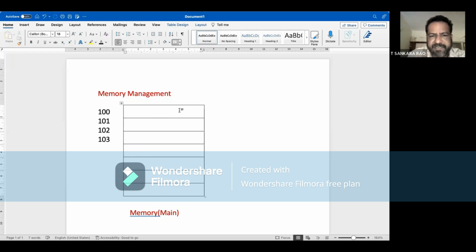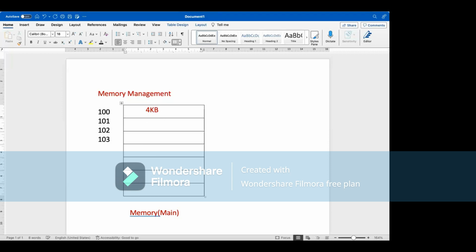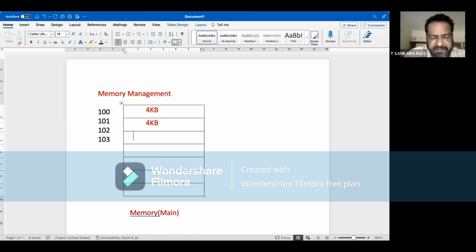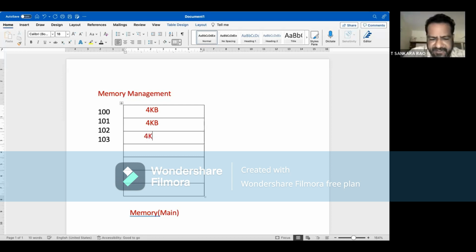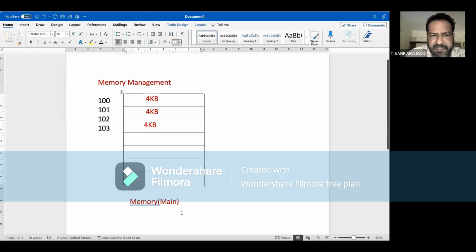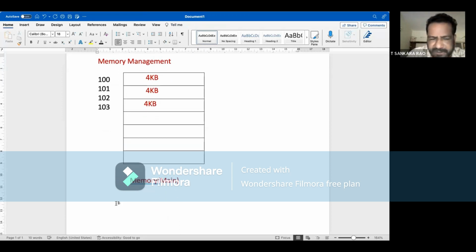Each partition can be, for example, 4 KB. For example, this is the scenario: each partition, assume, is 4 KB in size.